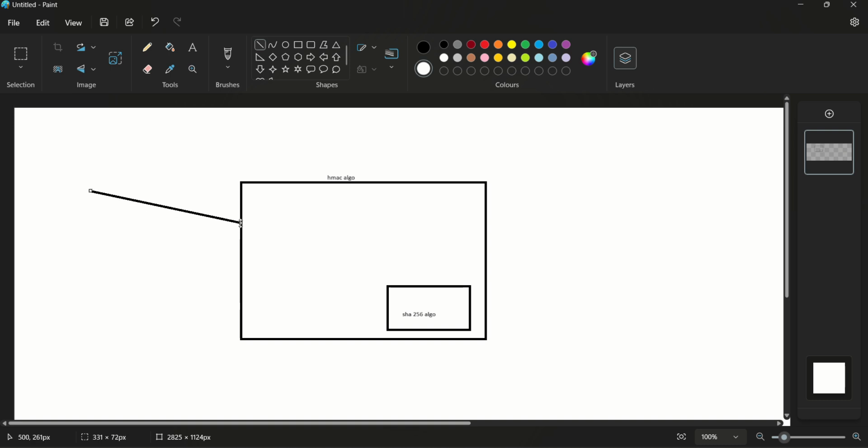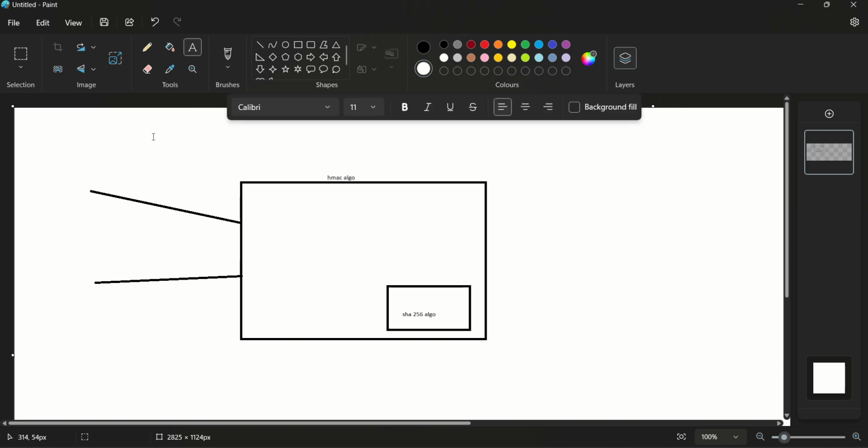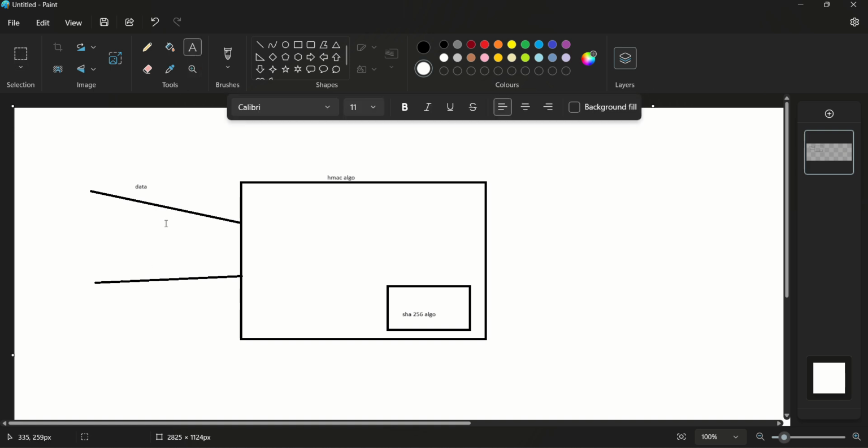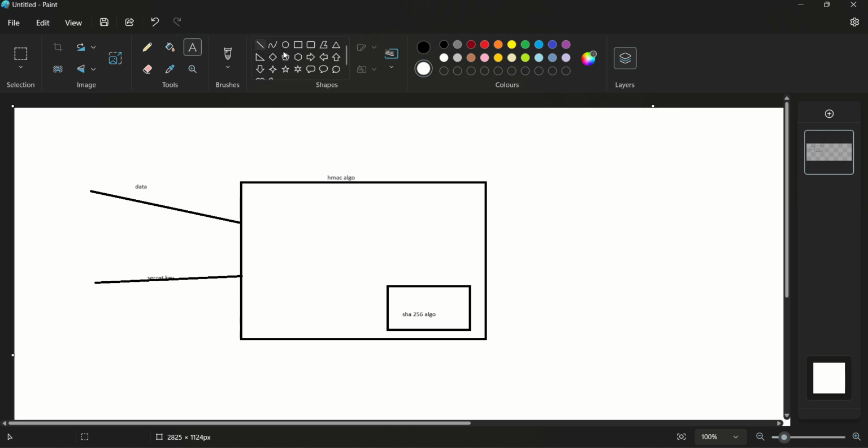It works like this: data is entered in the HMAC algo, and a secret key is also entered along with the data. I write secret key, and the combination of data and secret key is converted into an HMAC signature.